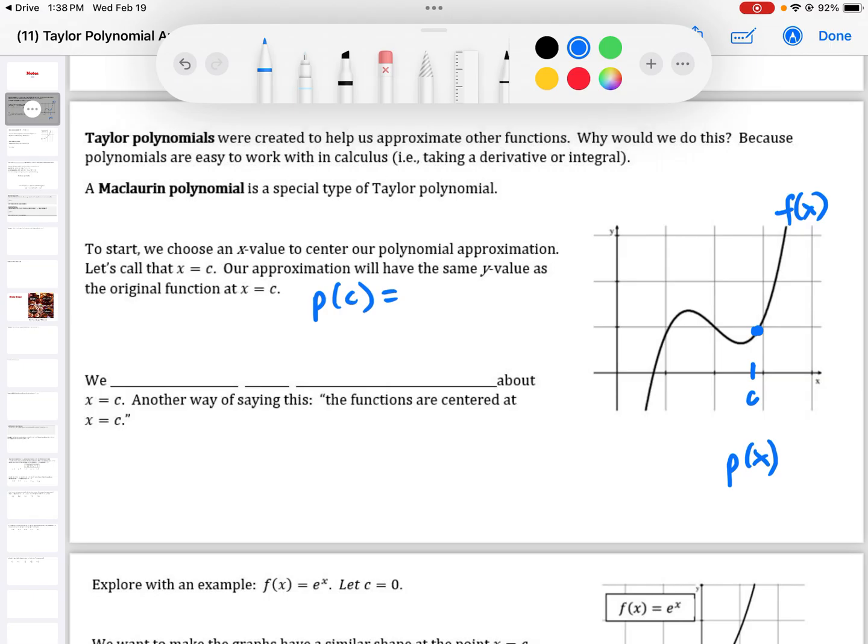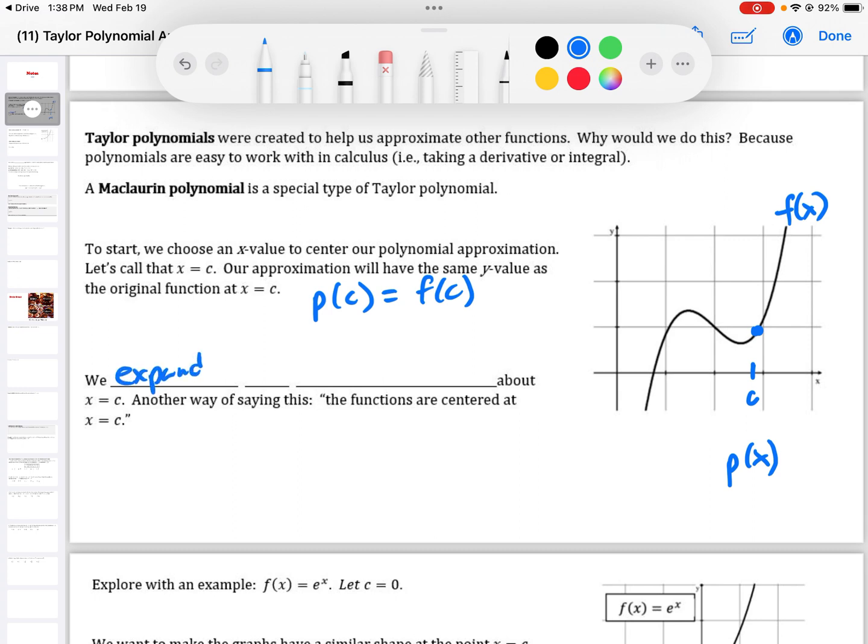So we want p of c to equal f of c. It's kind of like the point of tangency if we're doing a tangent line approximation. We've been doing that. That's just linear approximation. What we're doing now is extending this to higher degrees. So instead of just a linear tangent line approximation, we're going to have second degree approximations, third degree approximations, and we're calling those Taylor polynomials.